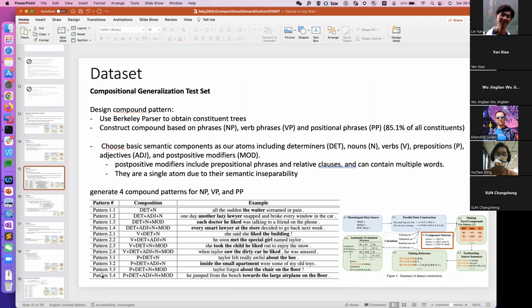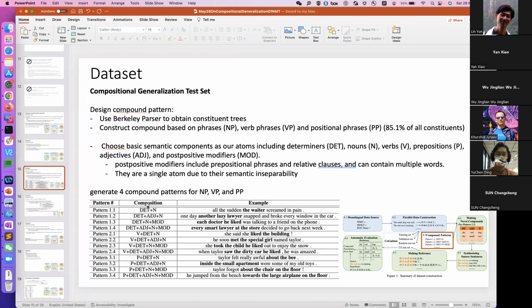So here, which one is the atom? The norm or the det, determiner? Determiners, nouns. So this is a pattern for deciding an atom or a compound.